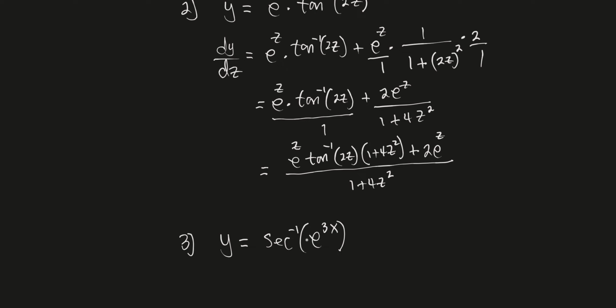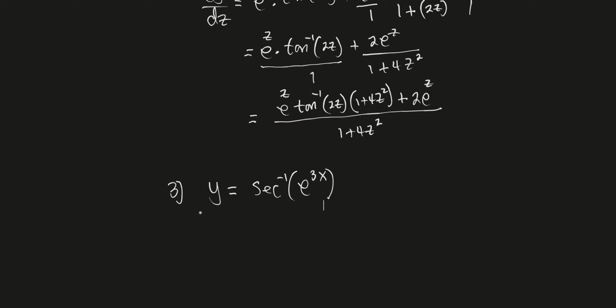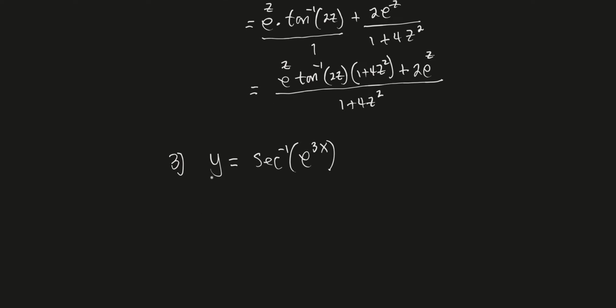So again, we have e raised to this power, which is another function, and then we have that entire exponential function inside the arcsecant, right? So let's see if we can write down what this derivative is using our chain rule twice.